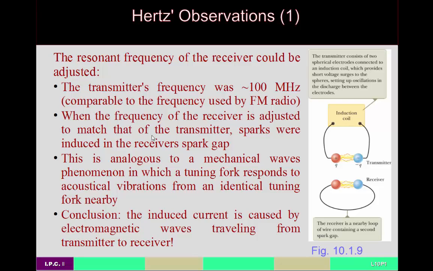You change the capacitor to tune the radio frequency, and this basically does the same thing. Since the resonance frequency is 1 over square root LC, you would expect a very large frequency. In fact, his experiment is of order 100 megahertz, because both capacitance and inductance tend to be very, very small.